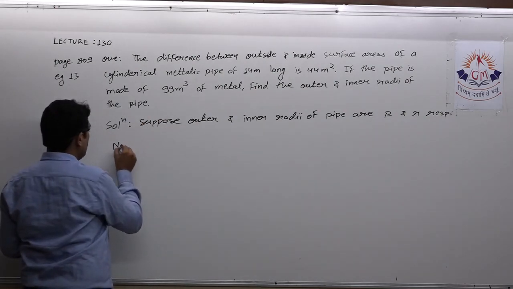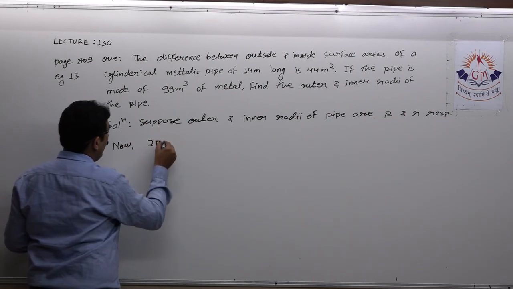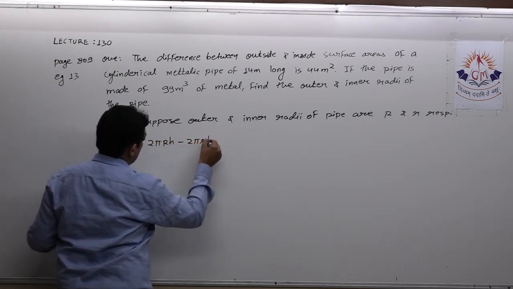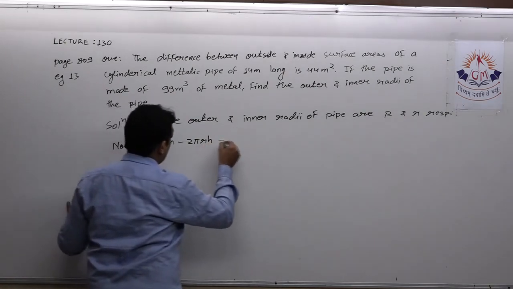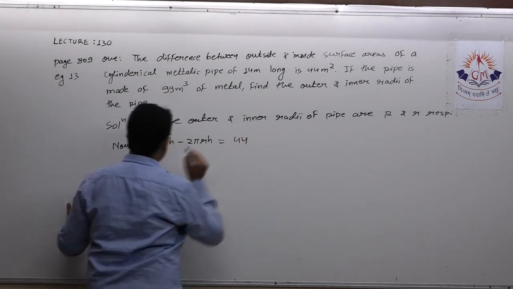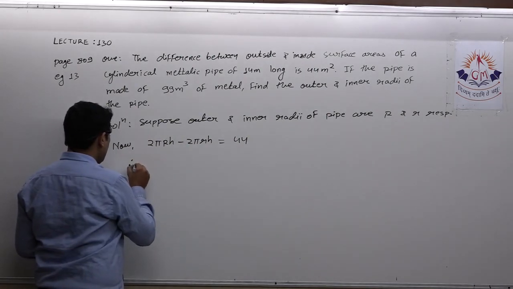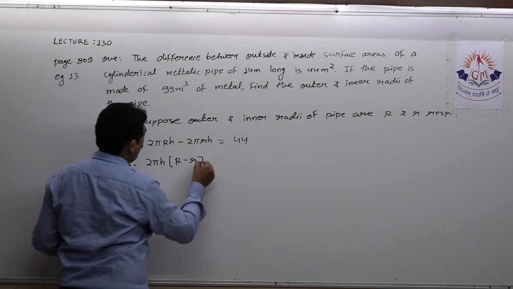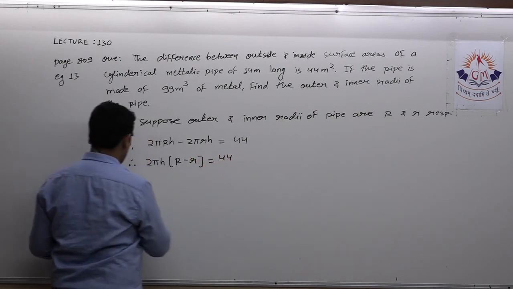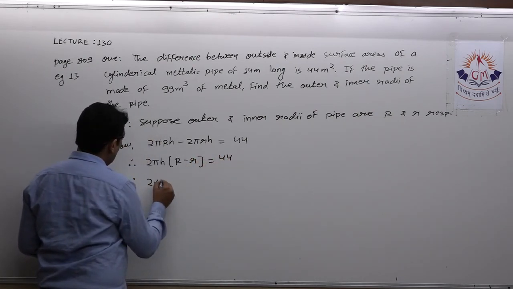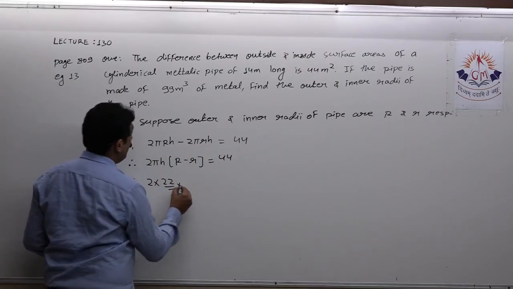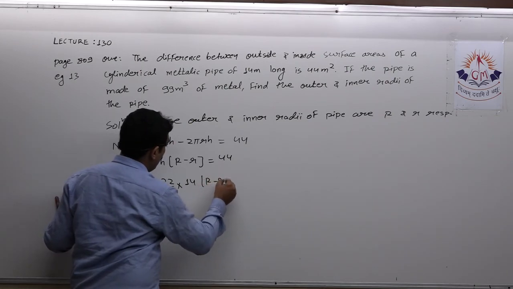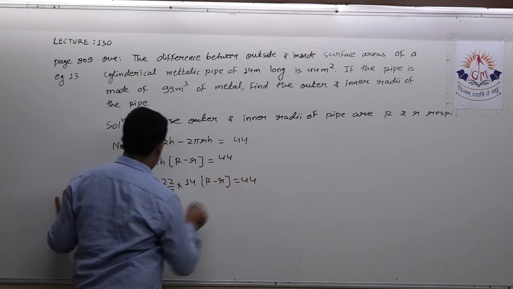So the very first thing that is given, 2 pi R h minus 2 pi r h is equal to 44. Now from this I can take 2 pi h common, capital R minus small r is equal to 44. Now 2 pi is 22 by 7, h is also given, that is 14, capital R minus small r, that is equal to 44.